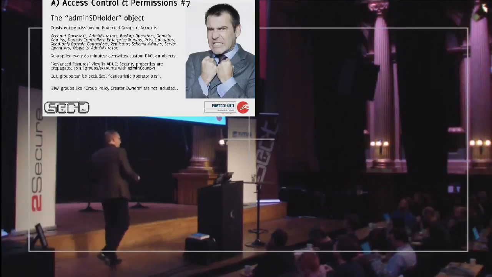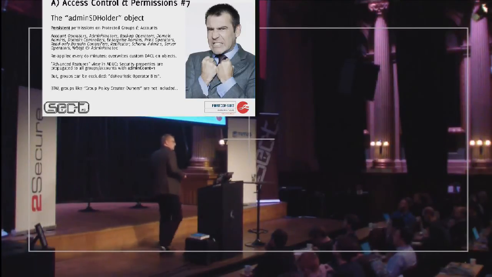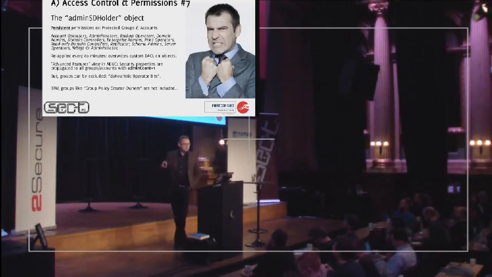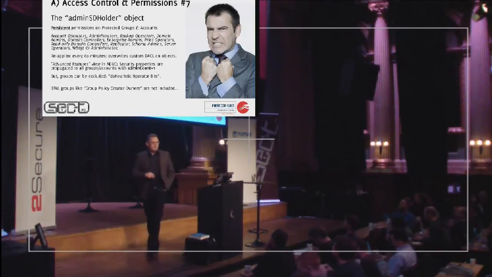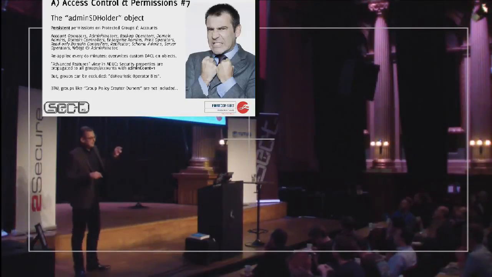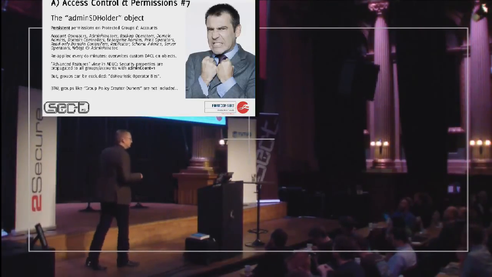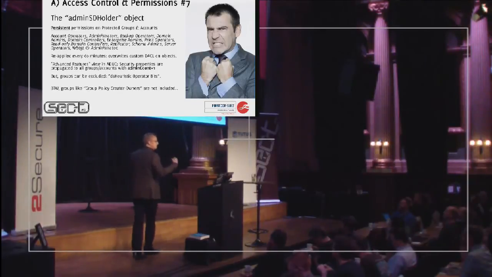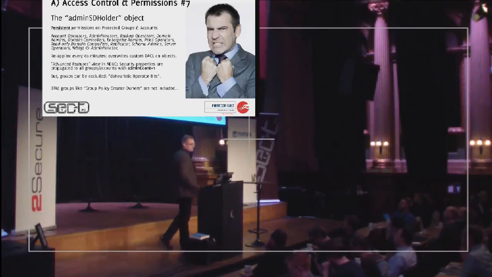You can control what groups should be controlled by this. You can set a value to exclude some groups. What will actually happen is that objects that are member of these groups will get the admin count equals to 1. And from there, the permissions will be set on those accounts to whatever you have configured.